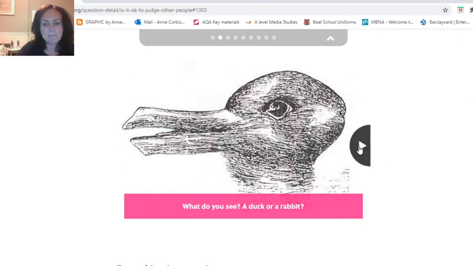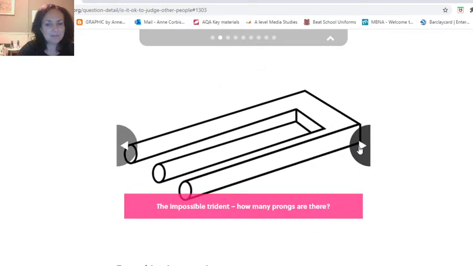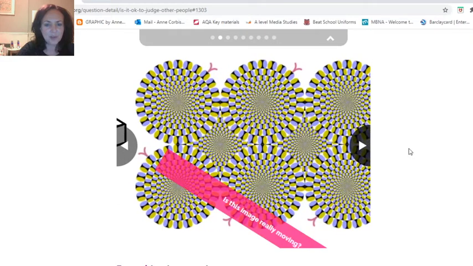What do you see? A duck or a rabbit? The impossible trident. How many prongs are there? 1, 2, 3, right? But 1. What? Whoa, what's going on? What about this one?